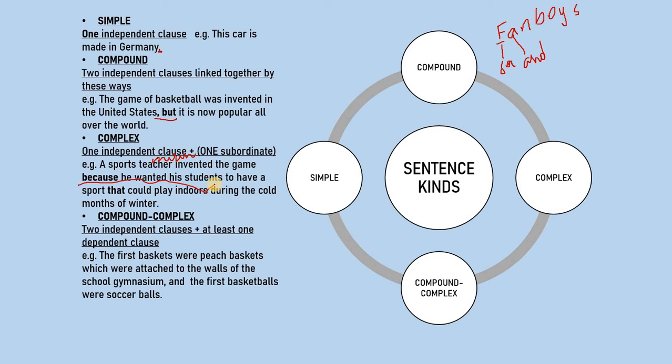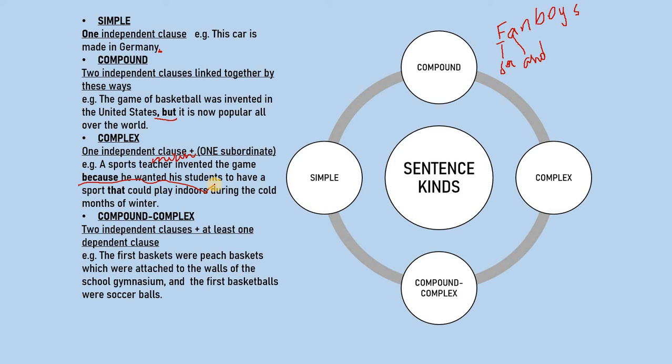We move now to the compound complex sentences. The compound complex is a combination of compound sentences and complex sentences. It has two independent clauses plus at least one dependent clause. So we can say it is compound and it is complex. At least we have two independent clauses in this case, otherwise we cannot call it compound complex.